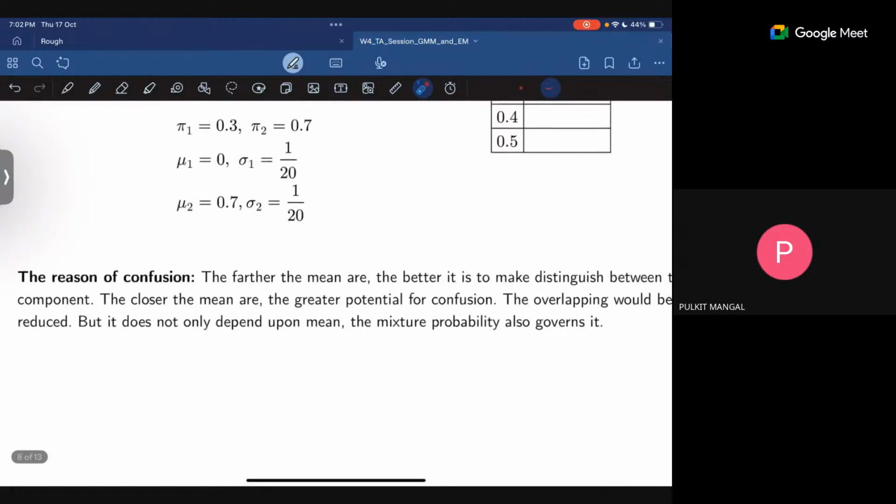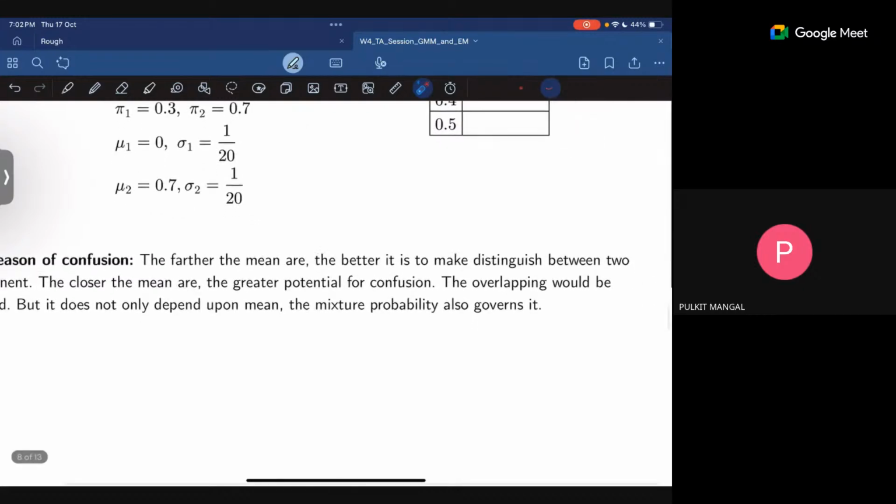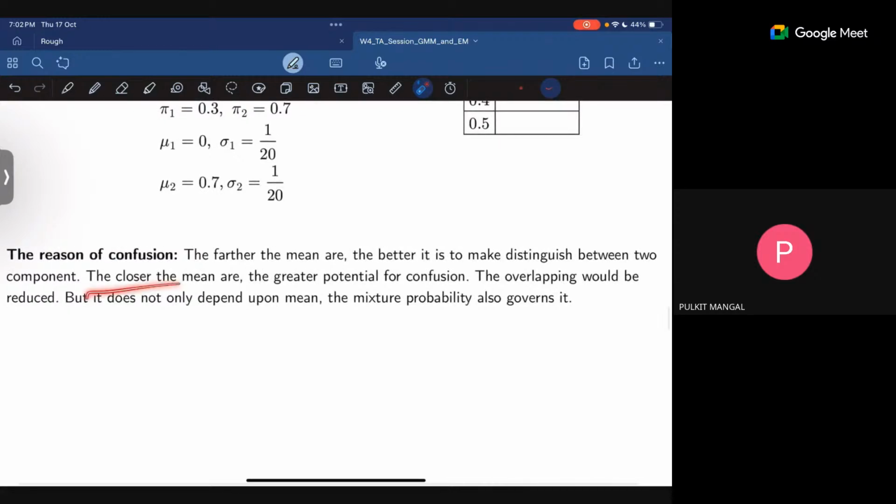The reason for the confusion that we talked about: the farther the means are, the better it is to distinguish between two components, and the closer the means are, the greater the potential for confusion. Of course, it will not depend directly just on the mean.